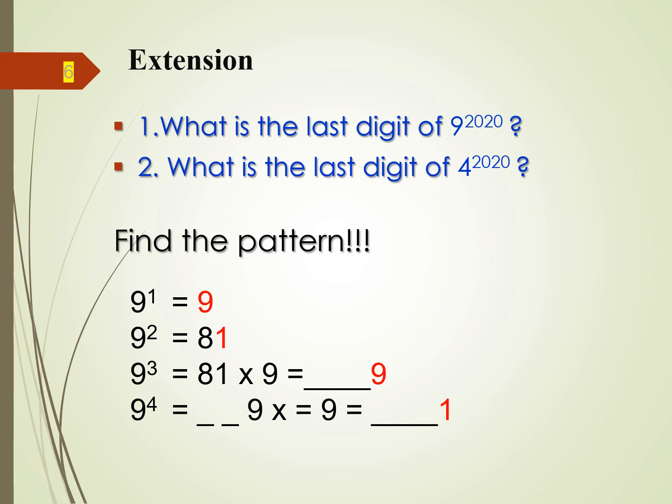Now we can see the pattern. When the power is odd, the last digit is 9. When the power is even, the last digit is 1. So using this, they can easily find the last digit of 9 to the power of 2020. Similarly, you can ask them to find it for 4 to the power of 2020.